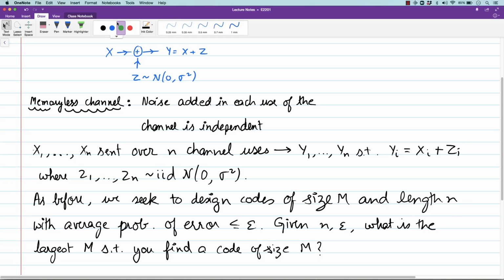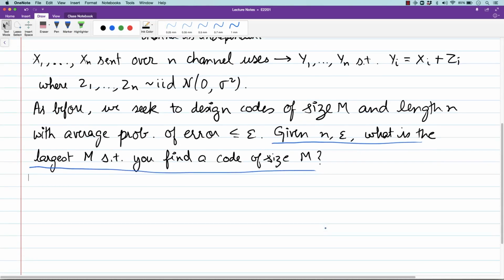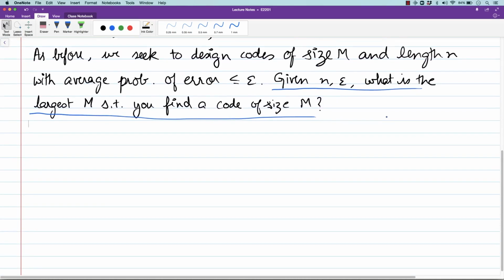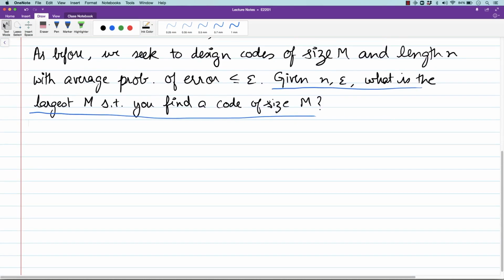This is similar to the capacity question that we had raised earlier. We want to again characterize the capacity of this channel, which is roughly this question: what is the maximum number of bits of messages that you can send per channel use? Now it turns out that the answer to this question is trivial. I'll show you how.